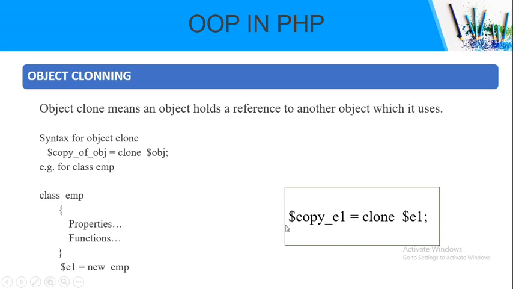Then you can clone that object by using the syntax $copy_e1. This is another variable, and here you use the clone keyword and then the object $e1, and this creates the copy of the $e1 object which is saved into the $copy_e1 object.